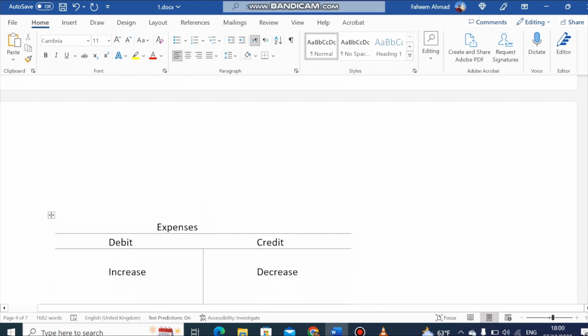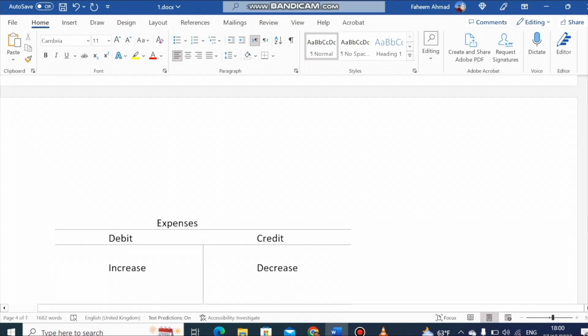Okay, next we have rules of debits and credits for expenses. For expenses, any increase in expense will go on debit side. I repeat, any increase in expense will go on debit side. Any decrease in expense will go on credit side.